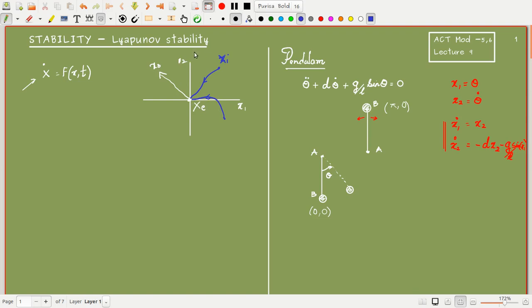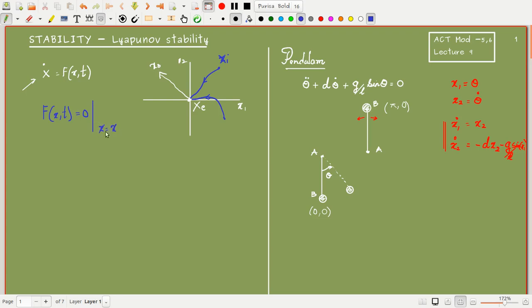And also we can say that if I put the right hand side of this equation to 0, that is f of x comma t equal to 0, and when we solve this equation we get the value x equal to xe.